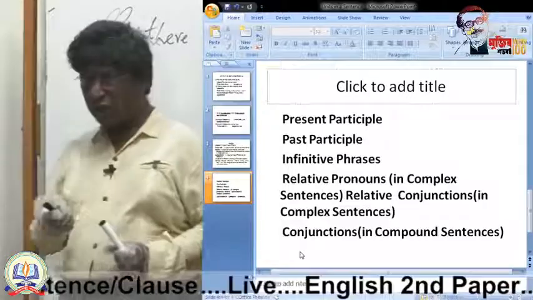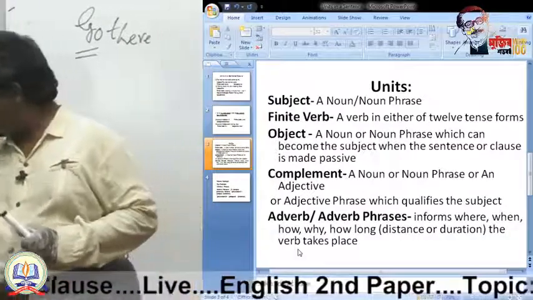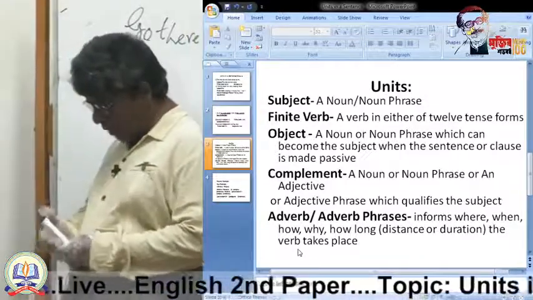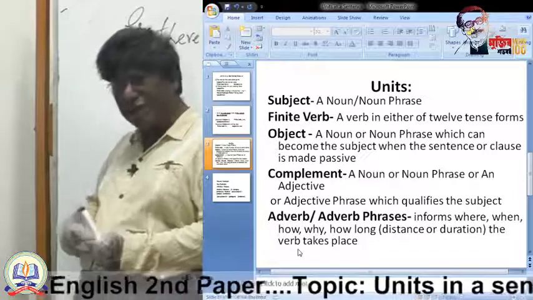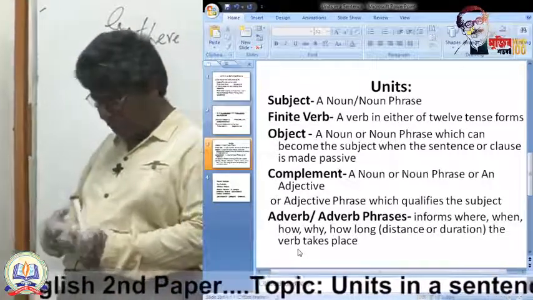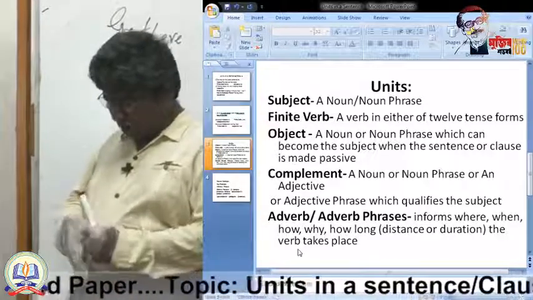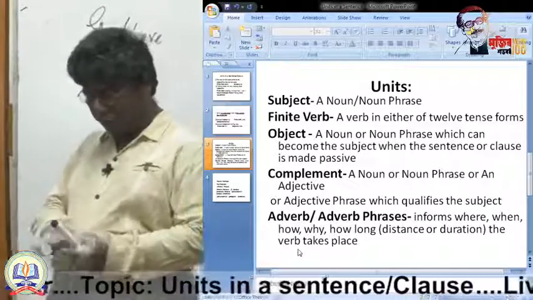Well, so let us look at subject. What is a subject? A subject means a noun. A subject is always either a noun or a noun phrase. Well, one thing you need to know is the difference between a parts of speech and a phrase.